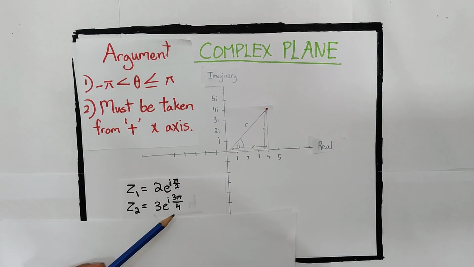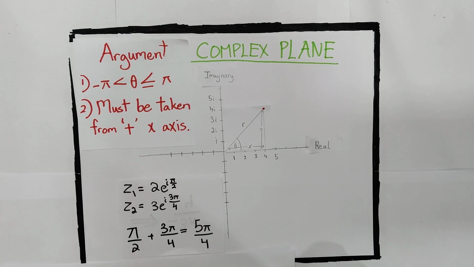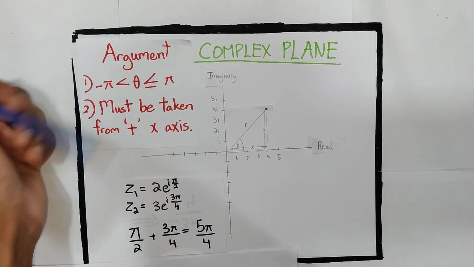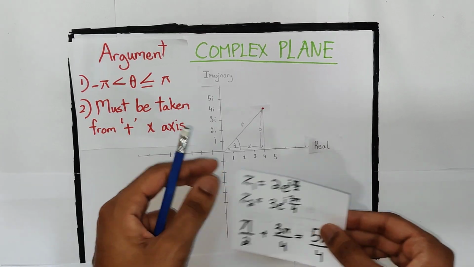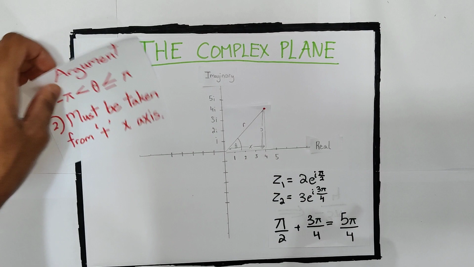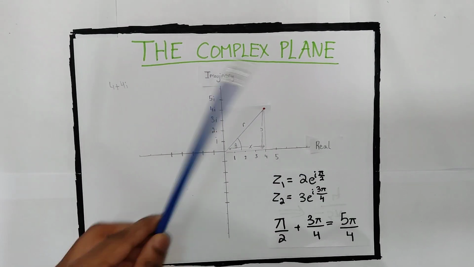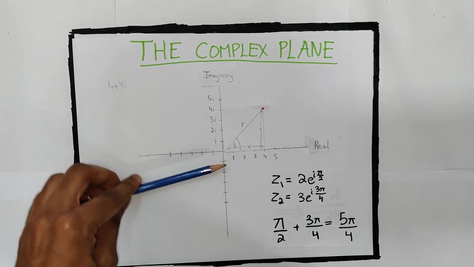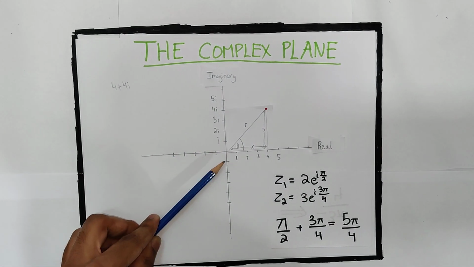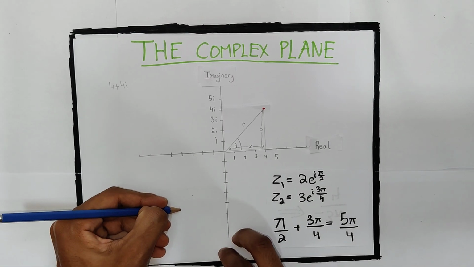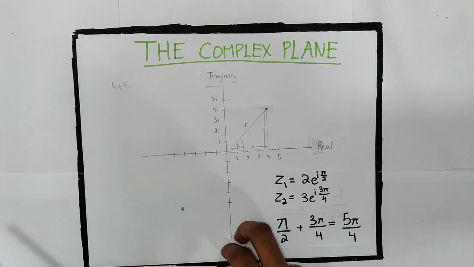Because pi over 2 plus 3 pi over 4 is 5 pi over 4, which is bigger than pi. So if we think about where that would be on the complex plane, well, if this is pi, and we're increasing by going this way, 5 pi over 4 would be somewhere around here. So let's suppose we have that point here.